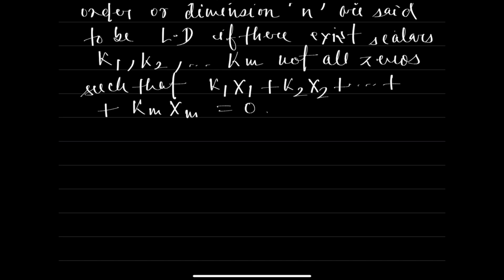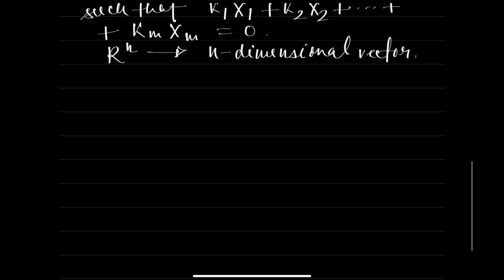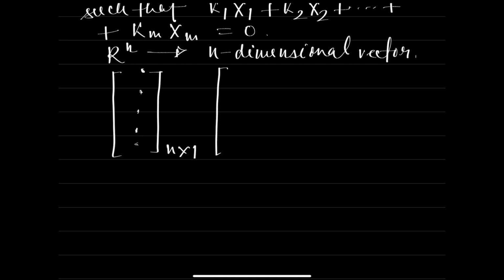Instead of x1, x2, xm, they have provided a1, a2 up to an as vectors in R power n, which are n-dimensional vectors, with n cross 1 elements.